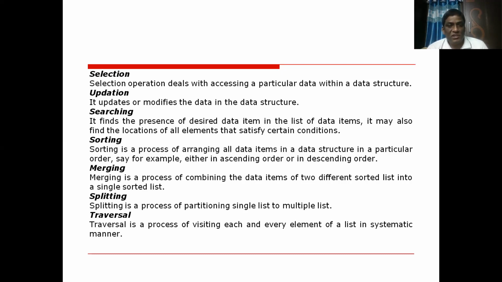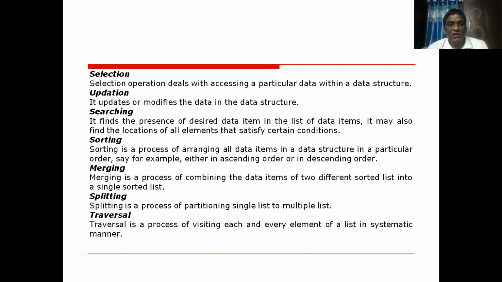And then splitting is quite the opposite of merging, where merging combines two different lists into a single list, whereas splitting partitions a single list into multiple lists. Another difference you need to understand is that while merging, the two lists that you are merging must be sorted already, and then merging produces a single sorted list.